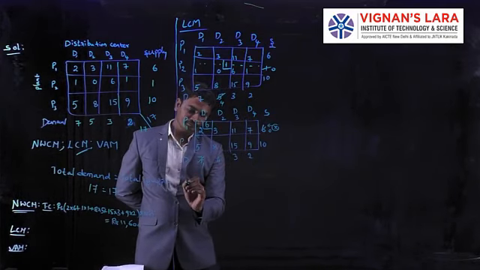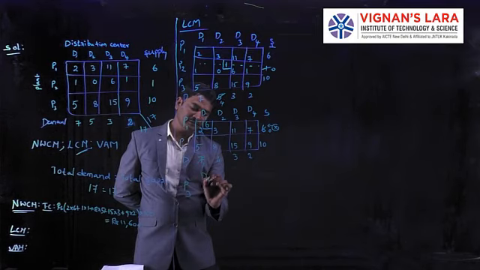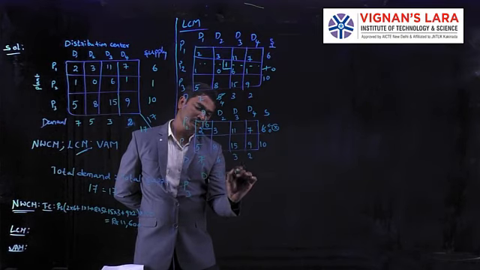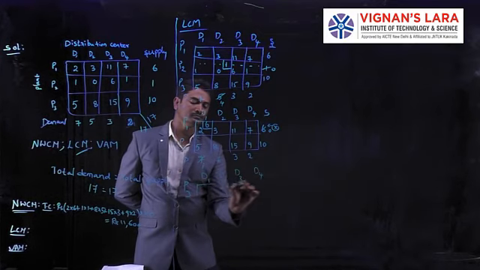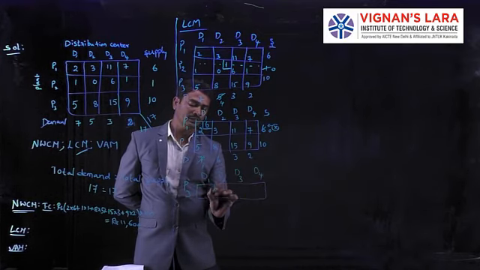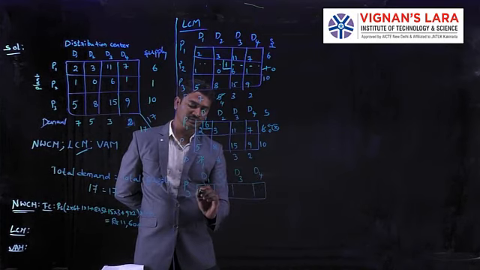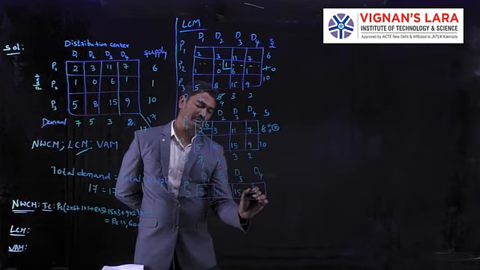Okay. Next P3, with D1, D2, D3, D4. Here the cost values are 5, 8, 15, 9.